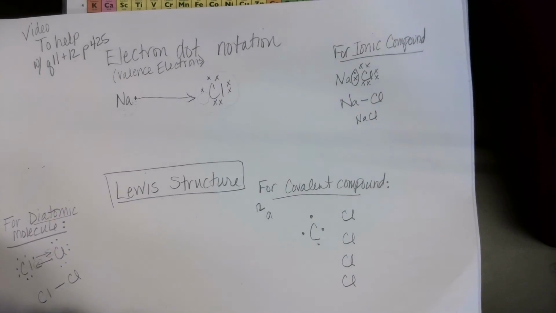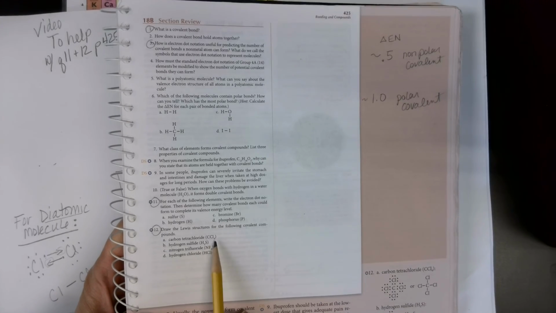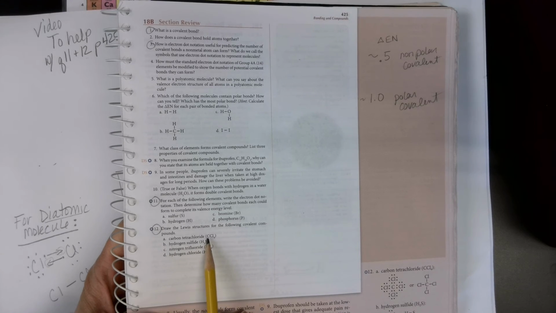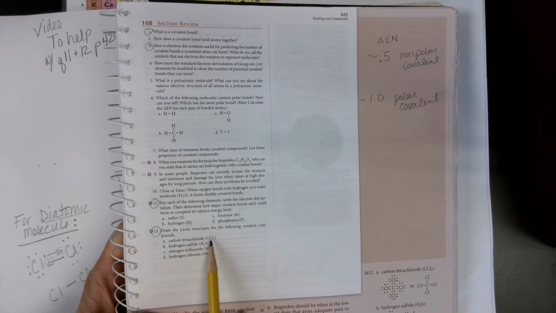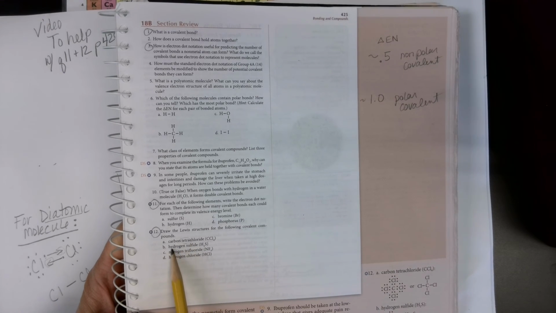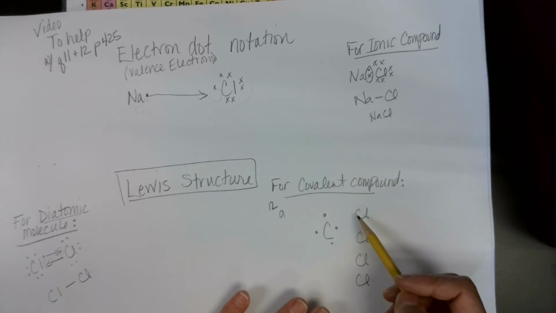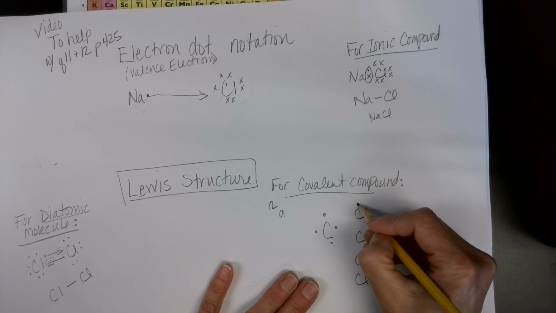When they write out in this question a C and a Cl4, that means you have one carbon and 4 chlorines. That 4 means tetra. Tetra means 4. So carbon tetrachloride is one carbon with 4 chlorines.